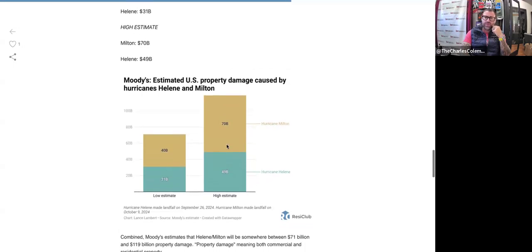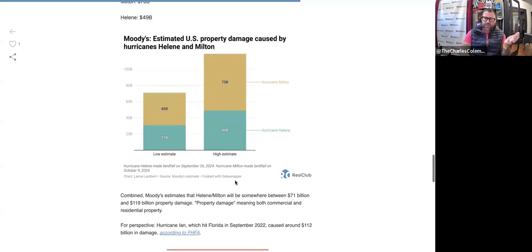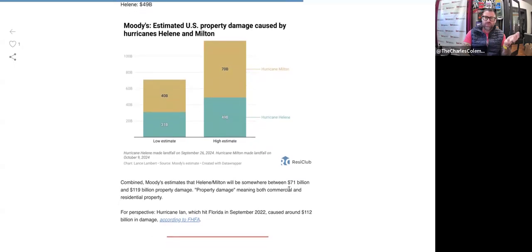All right. Then when we jump to the other side, for the high side they're saying 70 billion for Milton and 49 billion for Helene. Billions of dollars of real estate has been impacted, right? So we're going anywhere from 71 billion in totality to 119 billion dollars in property damage.